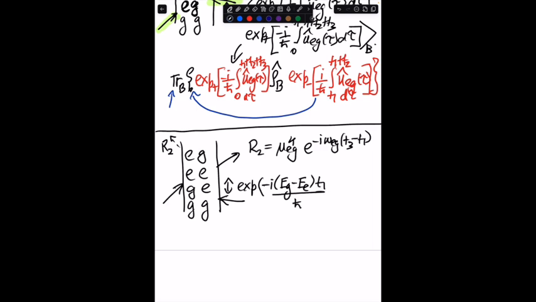So this Eg minus Ee upon h bar is just omega Ge, which is equivalent to minus omega Eg. So this term becomes e raised to the power positive i omega Eg T1, which is written here. So these terms of the form Ge just have a positive contribution, right?